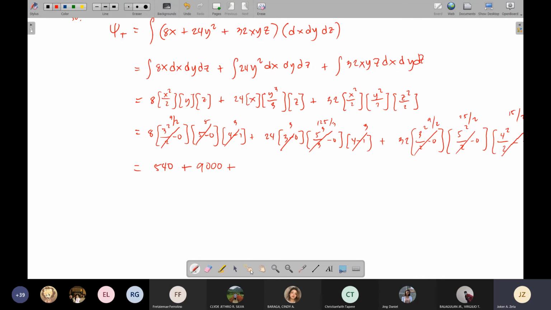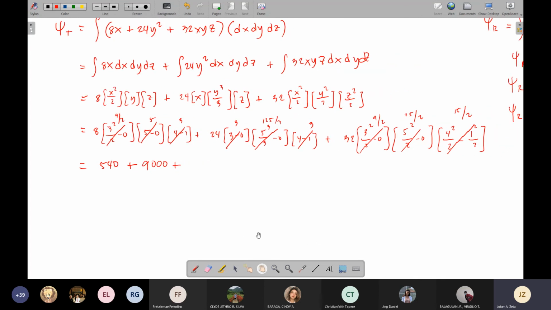Plus, lastly, you have 32 times 9 halves times 25 halves times 15 halves. This is 13,500. So, add all of these: 9,000 plus 540 plus 13,500. The total is 23,040.